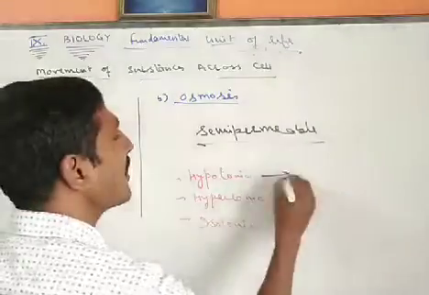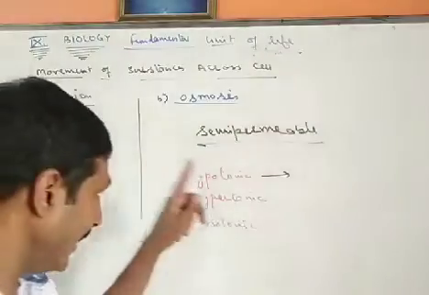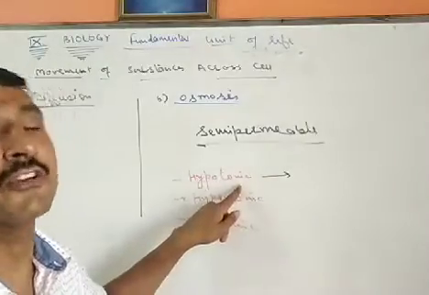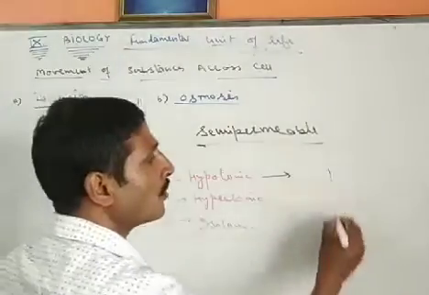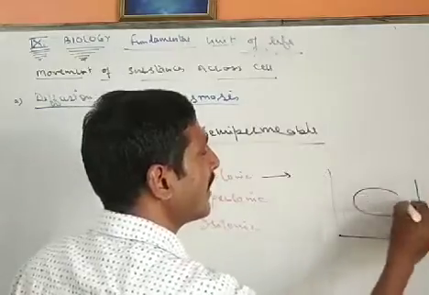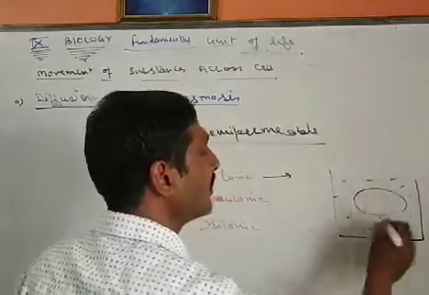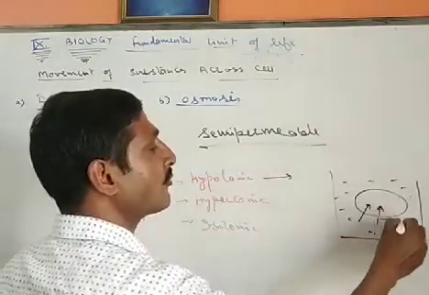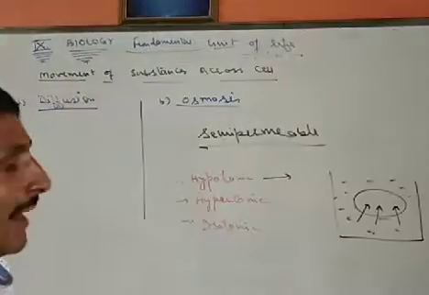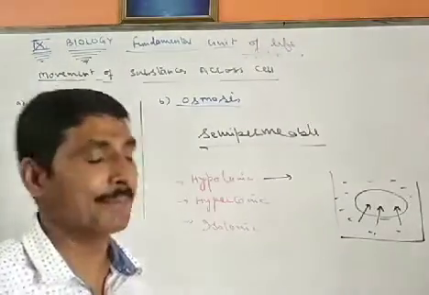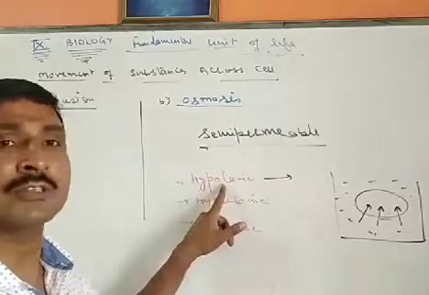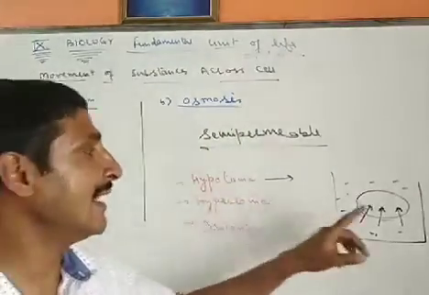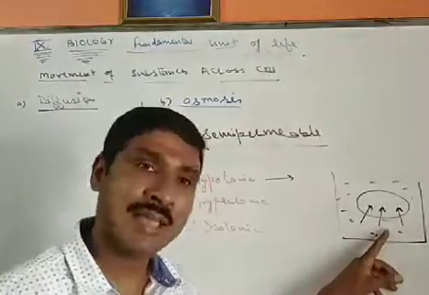A solution is said to be hypotonic if its concentration is less than the concentration of the given solution, or suppose we keep a cell in a hypotonic solution, then since the solution is hypotonic, the water will enter into the cell and the cell will swell up. Once again, a hypotonic solution is that solution in reference to cells whose concentration is less than the concentration of the given cell.